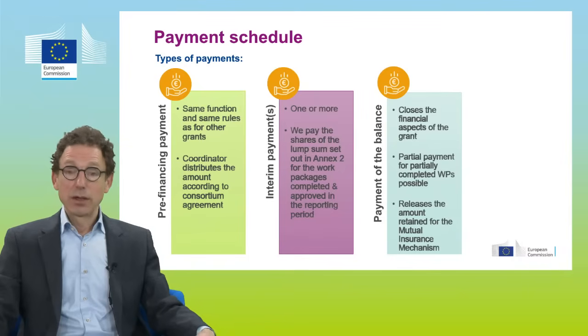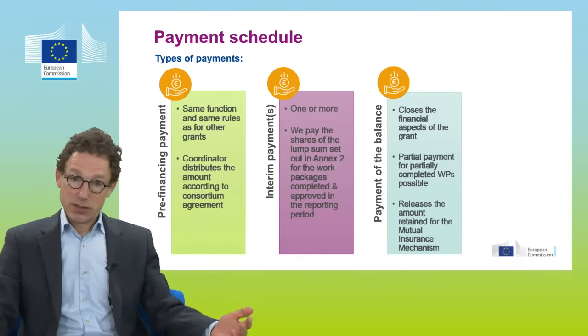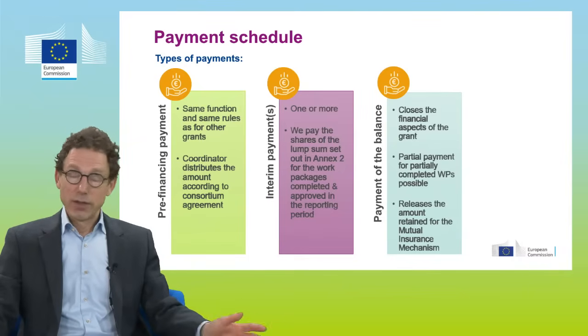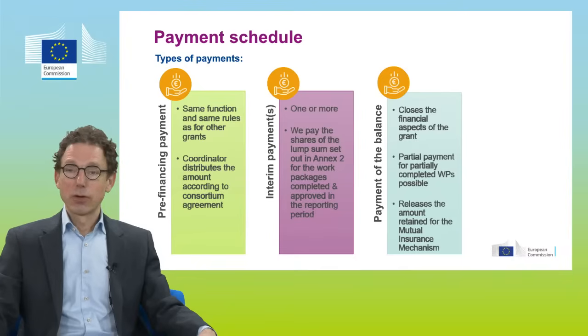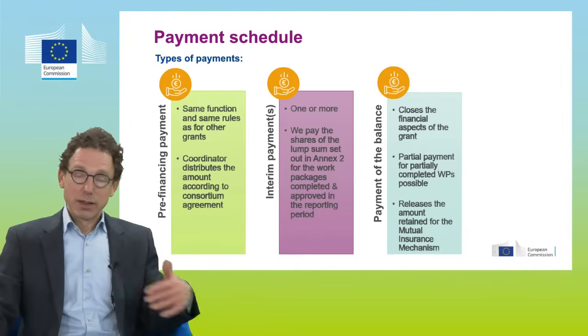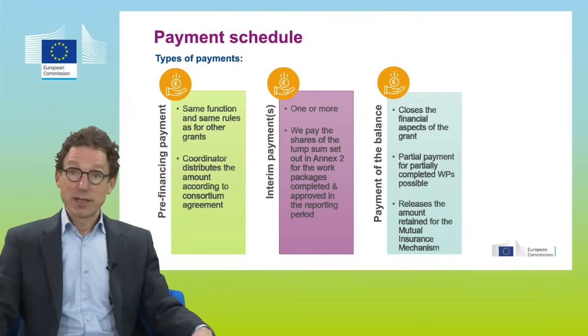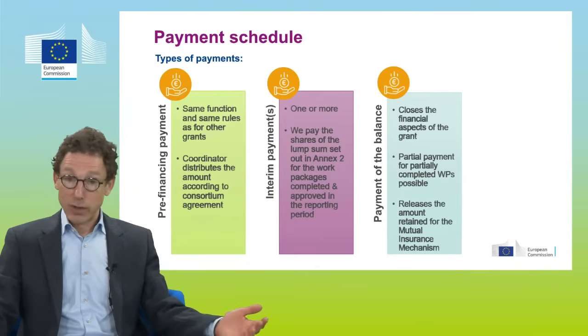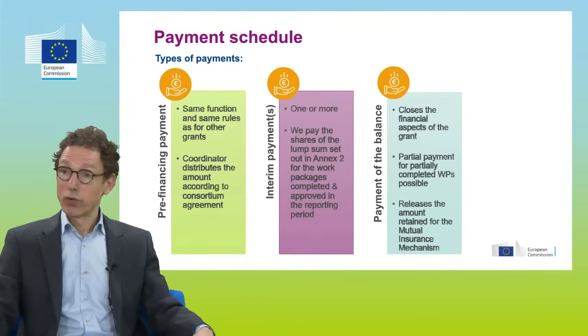And that is the nice thing about lump sums: since this is all predefined, there is no financial reporting. There is an automatic completion of the financial forms and an automatic process to reimburse that pre-agreed amount, provided we have agreed that the work package was completed.